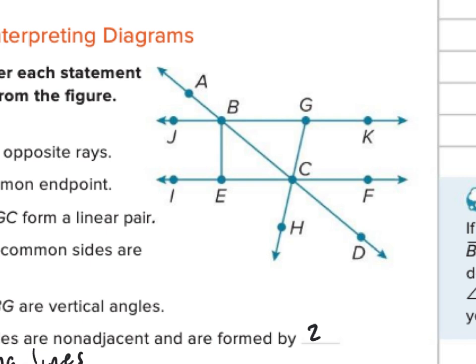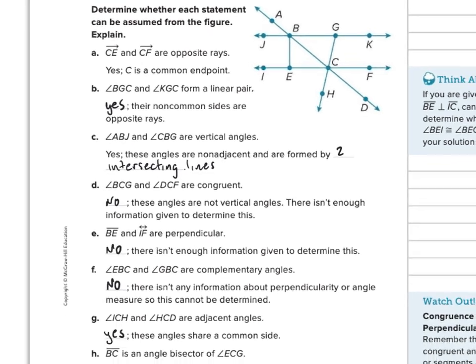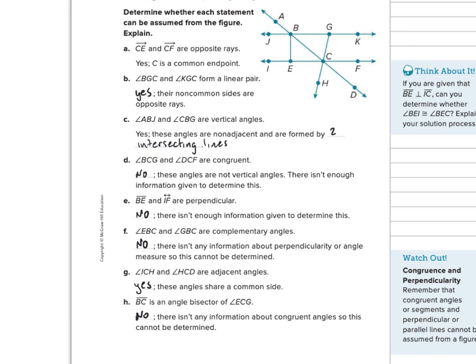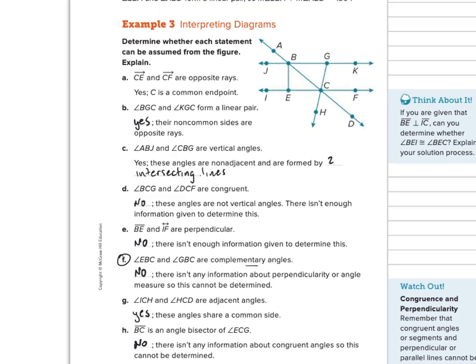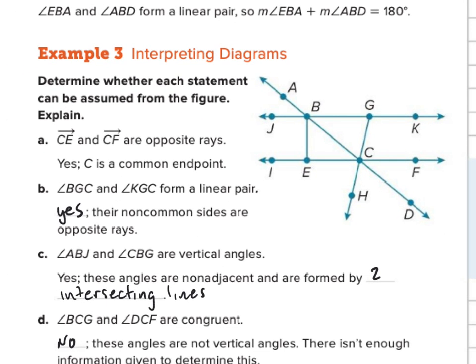I know that there are no right angle measurements, so I can't assume a right angle. Complementary angles form 90 degrees. I have no way to know anything is 90 degrees, so I can easily eliminate that just looking at my diagram.